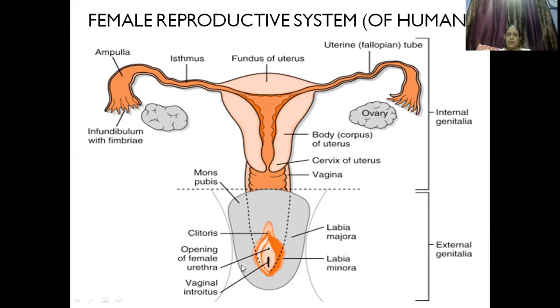This is the passage from where the parturition process takes place and the baby comes out, and from where the menstrual flow also comes out. If the endometrium is not set up with the embryo, then the endometrium breaks down and comes out through the vaginal cavity. Clear? Is that clear, all of you?